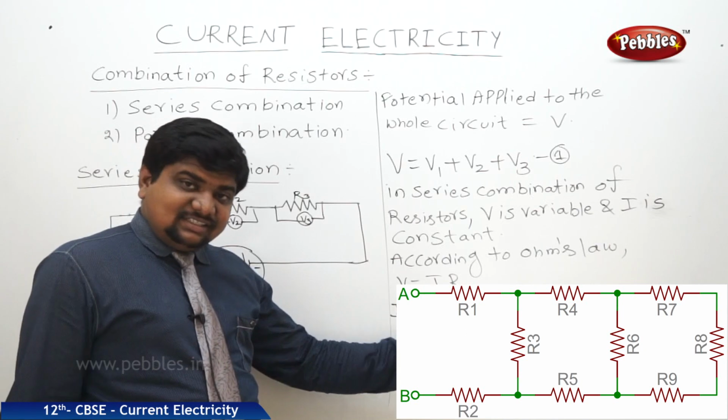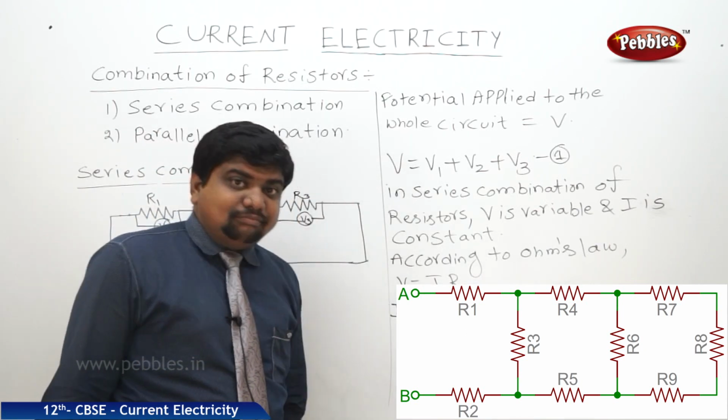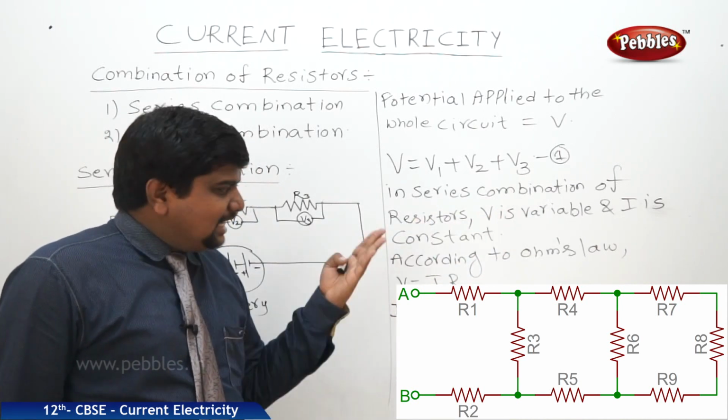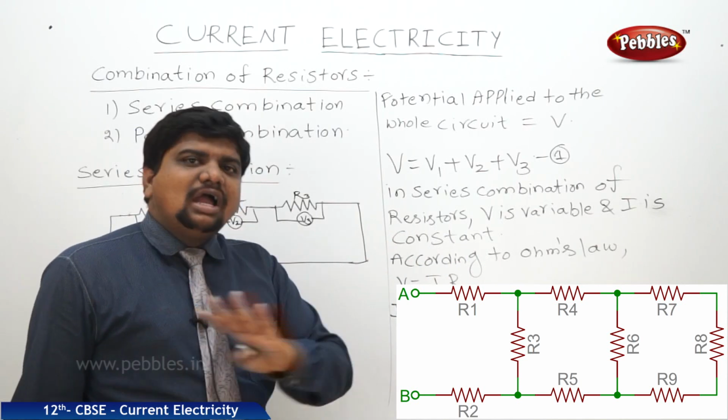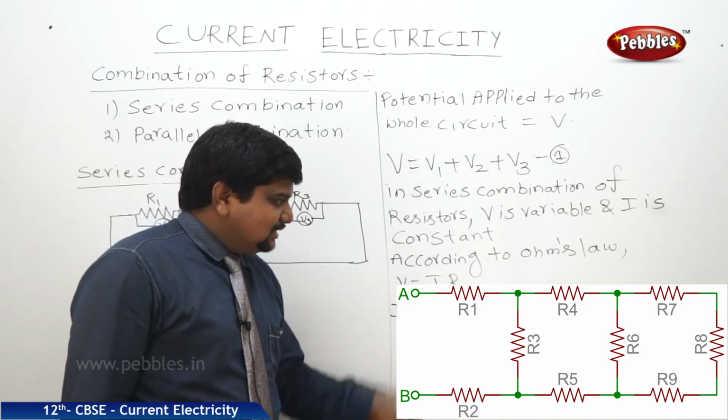We can think like this also. Current passing through the resistance R1 is equal to I1, through R2 is equal to I2, through R3 is equal to I3. But what is the rule? V is variable, but I is constant. That means I1 is equal to I2 is equal to I3 is equal to I. I is not changing. Listen carefully.